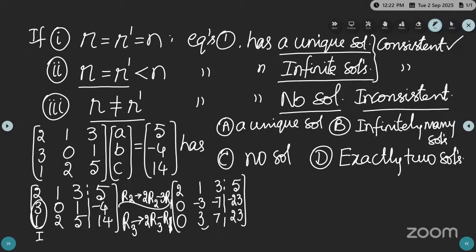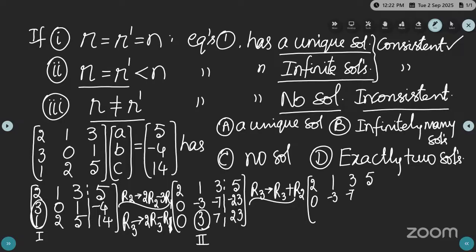Again, you can make this 0 in the second step using the second row. Equivalent to R3 implies R3 plus R2. The rows are 2, 1, 3, 5; 0, minus 3, minus 7, minus 23; 0, 0, 0, 0.